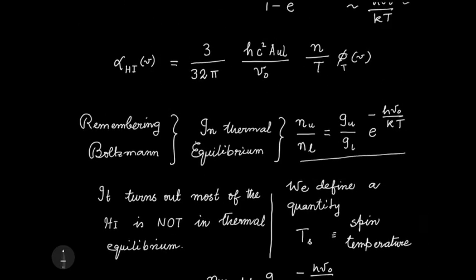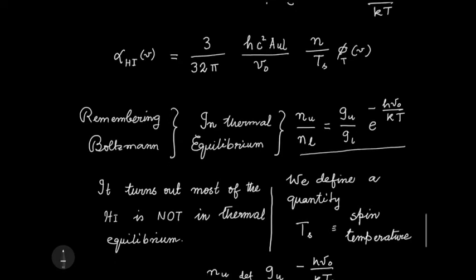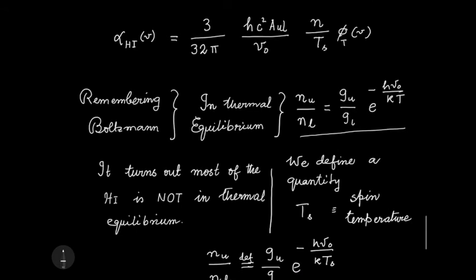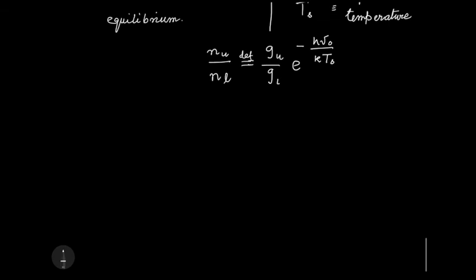So this is a definition expression. So you cannot ask the question why. For any definition, one cannot ask the question why. So if it is not in thermal equilibrium, this is essentially the spin temperature that one has to consider in this expression. In general, if it is in thermal equilibrium, Ts will become T.